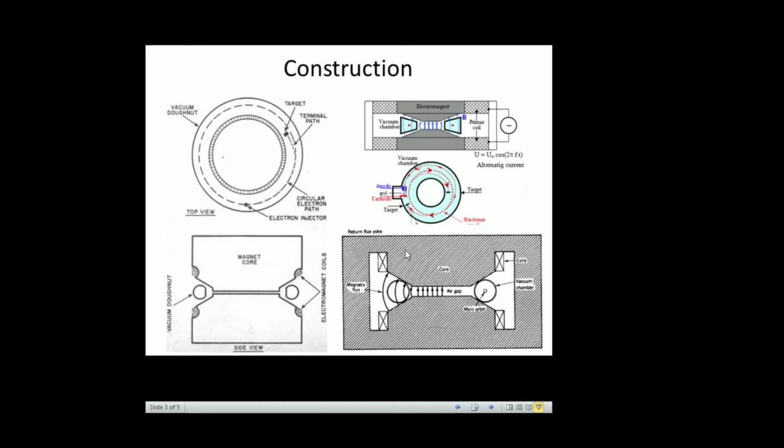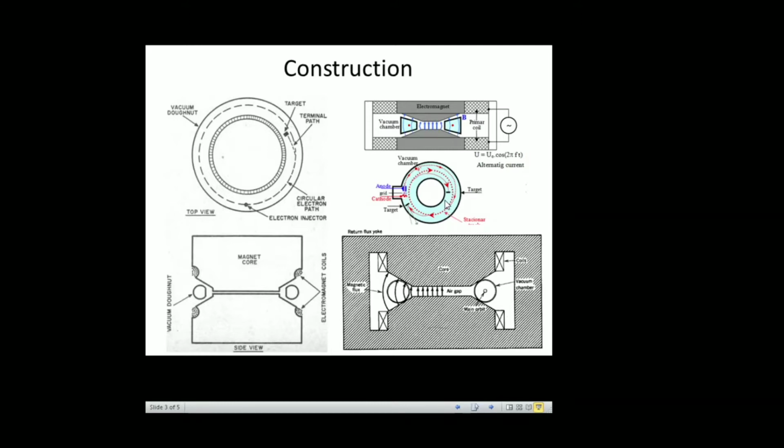The basic idea behind a Betatron is that as the particles are accelerating, if the magnetic field remains constant, higher velocity particles should go in circular orbits of higher radius. So what should happen? The electron should spiral out, it should go out of the chamber. It should keep on going round and round in orbits of higher radius.